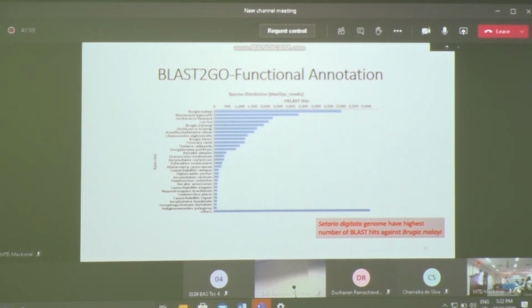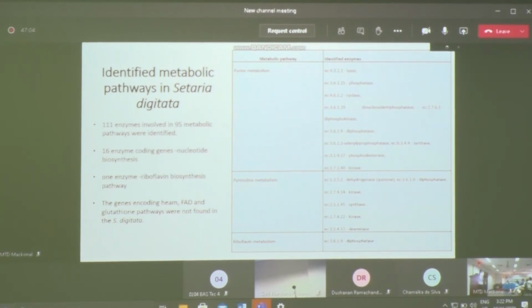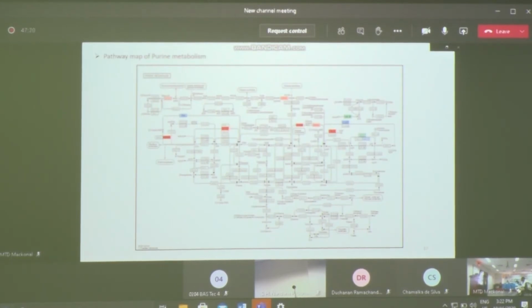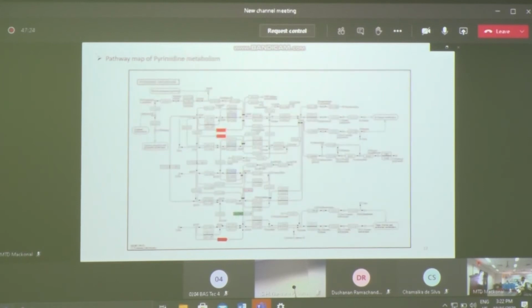Here, KEGG analysis identified 16 enzyme proteins in one nucleotide biosynthesis and one enzyme in nucleotide biosynthesis. The genes encoding for methionine, glutathione, and heme were not found in cytogenic. Here the enzymes we identified are shown in color. This suggests that cytogenic are needed to do its own sequence of those biosynthetic pathways.